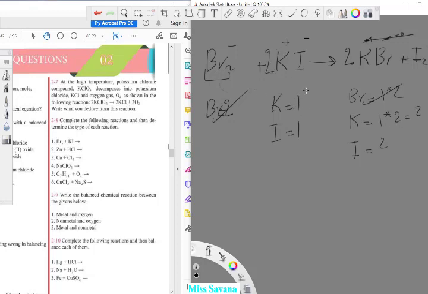Now this one's gonna be 2 and this one's gonna be 2, so the iodine is also happy. Okay, so all the parts are now happy. Remember, this is a single displacement reaction, because I am only replacing one type of the element of the compound.